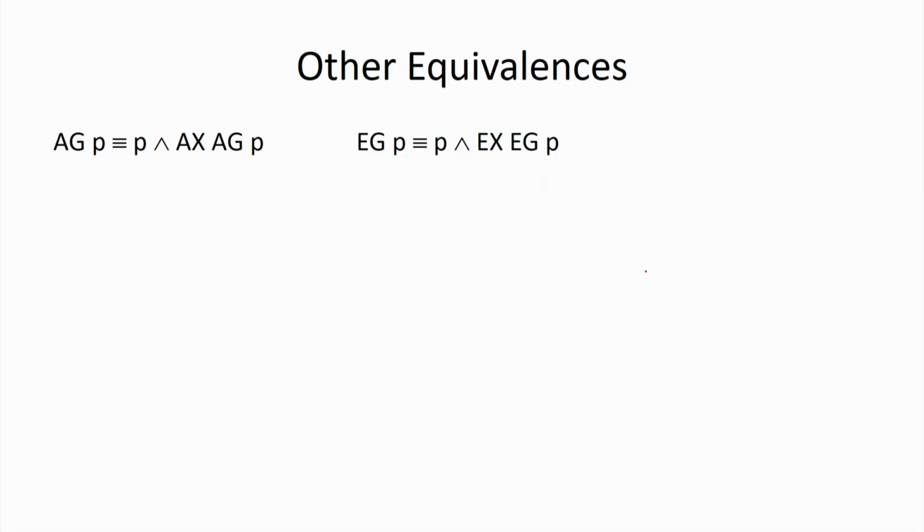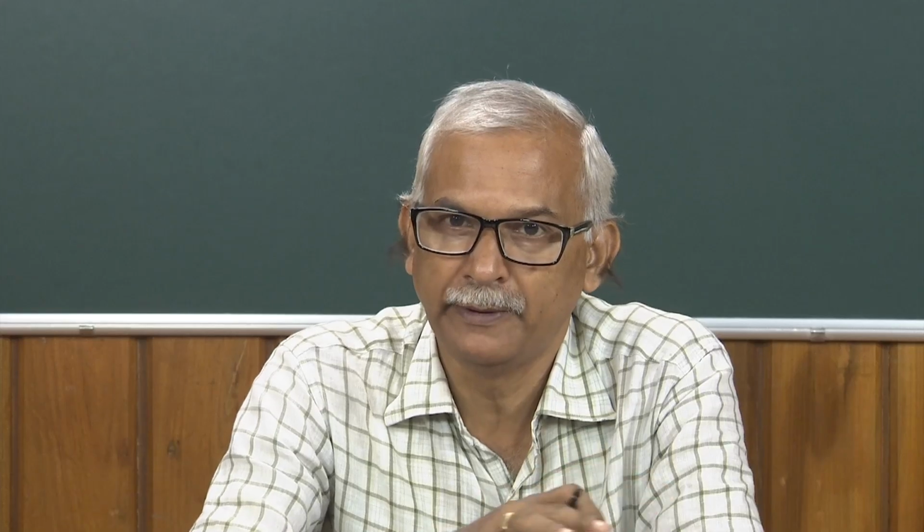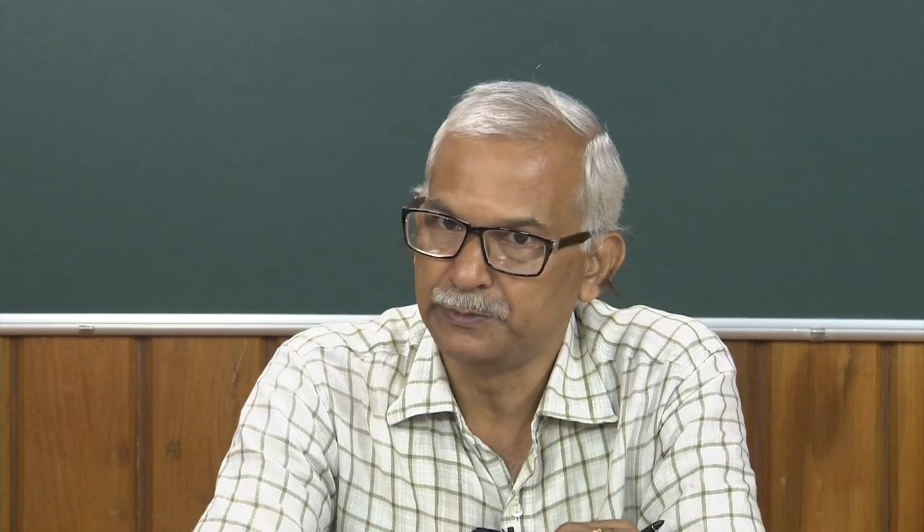Now, you just consider something like that. It says that globally something has to be true. That means globally in every state of the model, wherever you go, this P must be true.